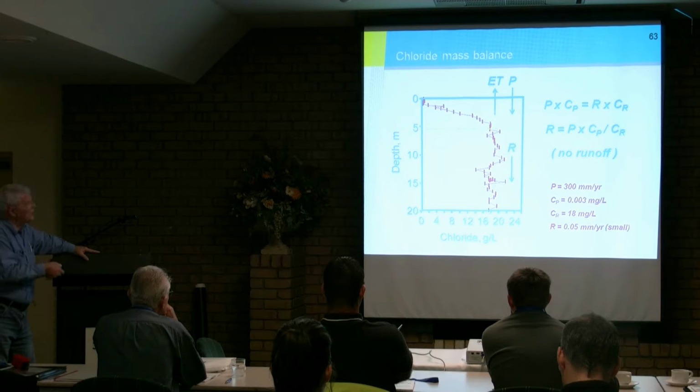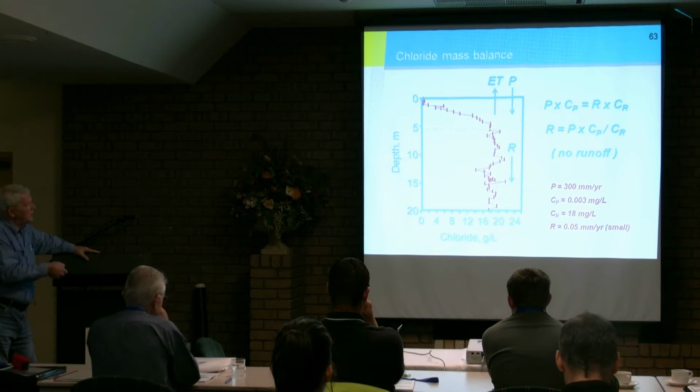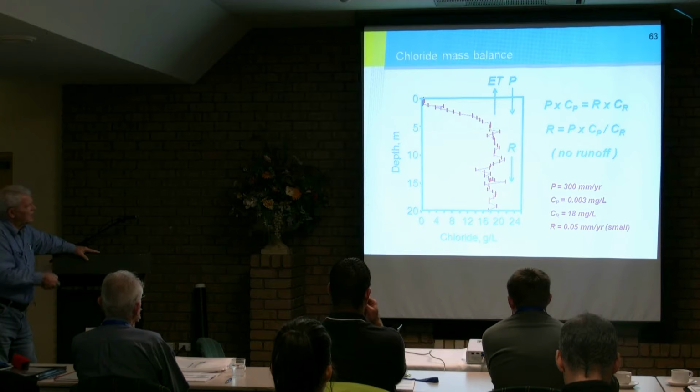We have rainfall which has a certain chlorine concentration. You should have the same amount of chlorine in the deeper part, which is the recharge multiplied by the concentration of the chlorine. So if we measure the rainfall and the chloride concentration of that rainfall, and we measure the concentration of chlorine deeper down in the aquifer, by comparison we can then determine what the recharge has been over that period of time.